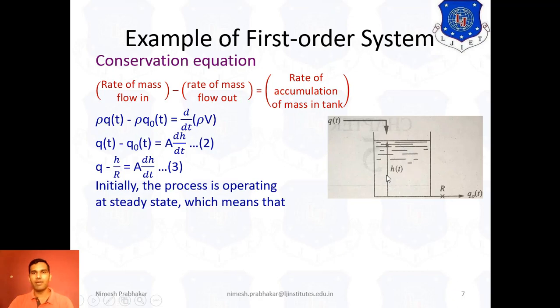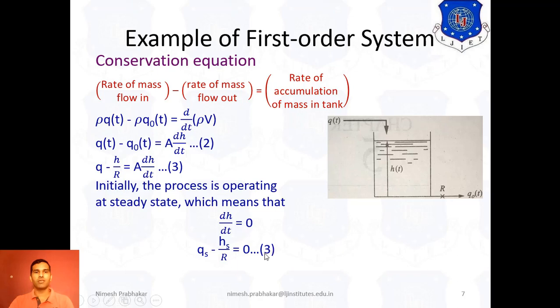So we can write the term dH by dt in this equation as 0. By putting this value, we can write the equation in steady state as Qs minus Hs by R is equal to 0.